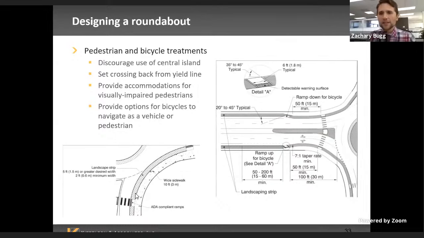There's a fair amount of ADA guidance and ADA requirements and draft ADA requirements out there for the blind at roundabouts. So you think about what some challenges are for pedestrians with visual impairments at a roundabout versus a signal. Traffic is always moving, whereas at a signal you have the push button, you might have the audible signal, especially in your bigger cities.